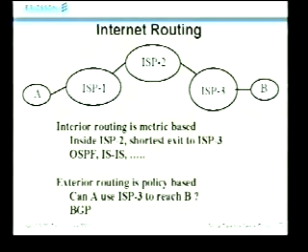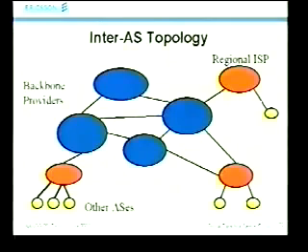So, this is the symbolism I use throughout for inter-autonomous system topology. You have big backbone providers here, regional ISPs here, and these are other ASs. This looks like some molecule for something you really don't want to know about, but that's the diagram I use throughout.